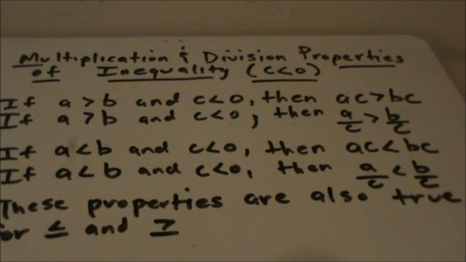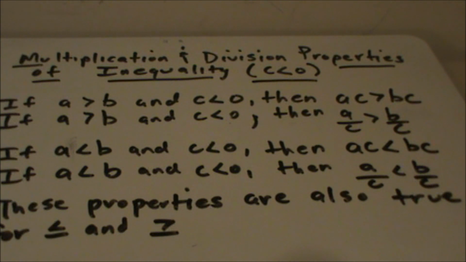That means that if you have an inequality, you can multiply the quantity, if it's a fraction, by its denominator on both sides of the inequality, or you can divide the number in front of the variable by the same quantity on both sides of the inequality sign. And I'll demonstrate right now.